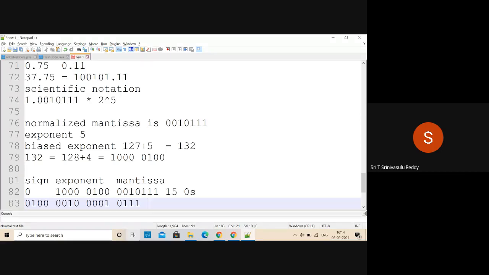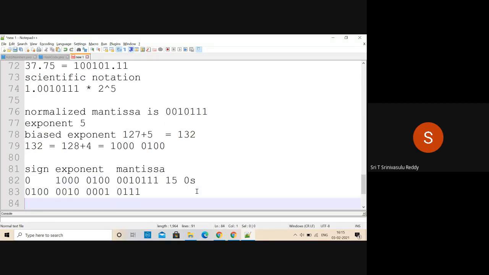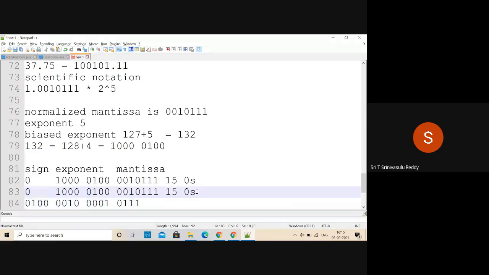So another 15 zeros you should get. Are we missing anywhere? We'll have to be careful. So probably we can copy this, so that we will not miss it by just simply merging with this particular thing. Then we can form groups of 4 very easily. The entire thing is a single entity; only for our understanding, we are using this. Normalized mantissa is 0, 0, 1, 0, 1, 1, 0, 1. Up to that is fine.